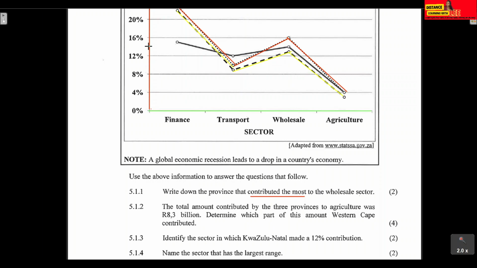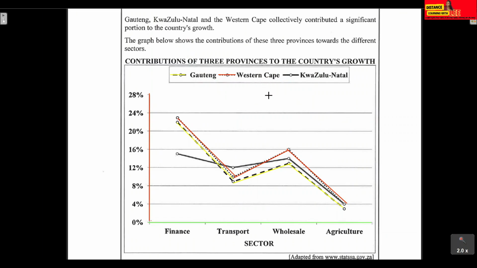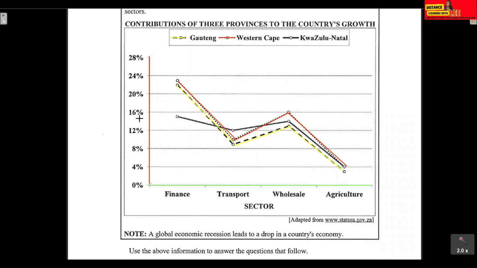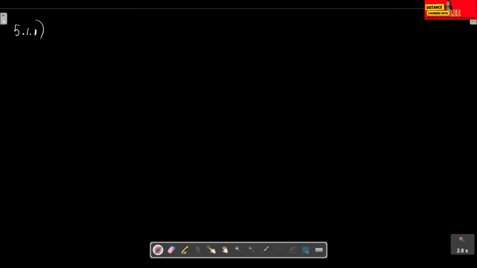In the wholesale sector, the province with the highest percentage is the red province, which is the Western Cape, because it contributed the highest percentage of 16%. So we're going to write that down: the province that contributed the most to the wholesale sector was the Western Cape.